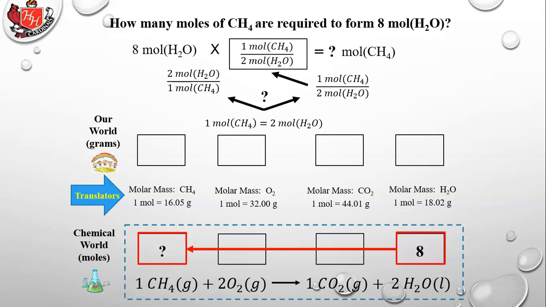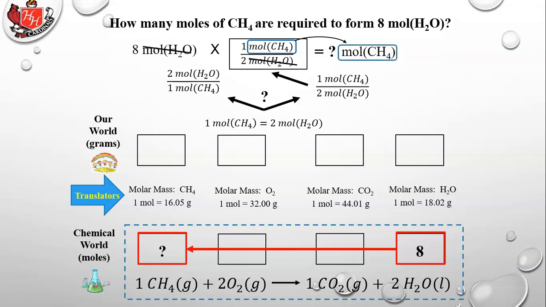Because you need moles of H2O to cancel out, and you need moles of CH4 to be your last man standing that shows up in the final answer. So we cancel that, and the last man standing is the moles of CH4, which ends up as your units in your final answer. So now that you have your units set up properly, everything cancels except the one you want in your final answer, you're ready to do the math.